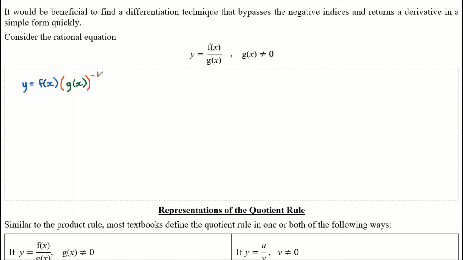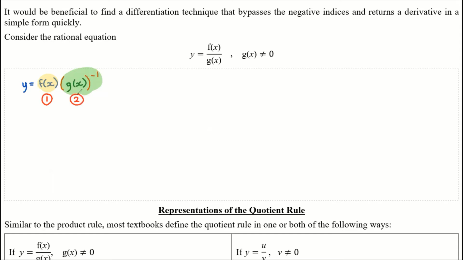So I've not done anything with it yet other than rewrite it. Now, if I write it like that, I can now use the product rule, because we have the product of two functions, f and g of x all to the -1. So those are my two functions. So that's all of that is going to be my second function.